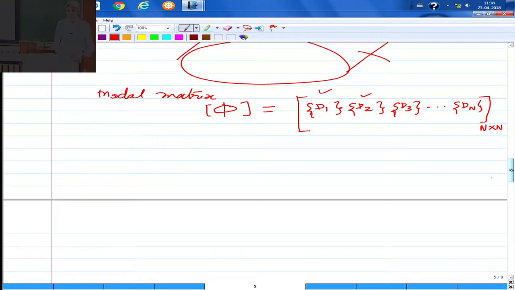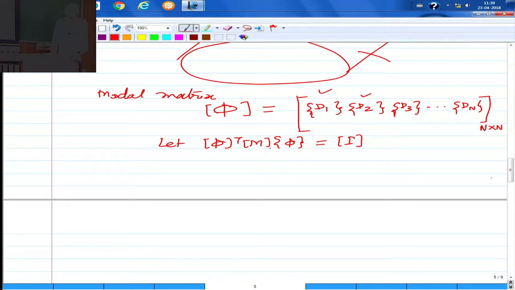Now what you can also do is, suppose we construct this phi in such a way that phi transpose m into phi is an identity matrix. So we can always scale each of these eigenvectors. So additionally, let me say that this modal matrix transpose into the mass matrix M into again this modal matrix is the identity matrix I. I is an n by n matrix.